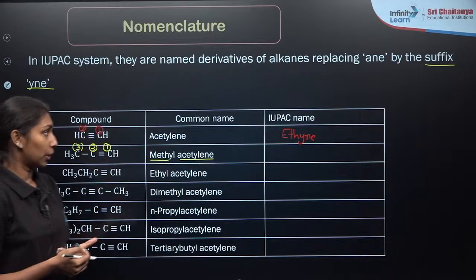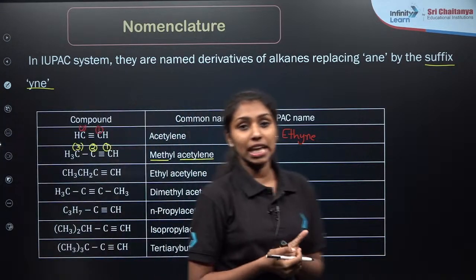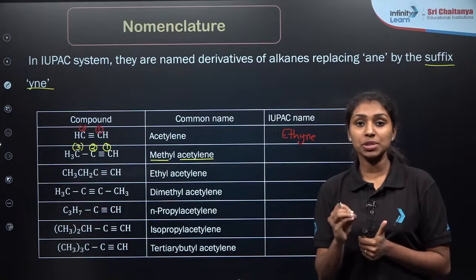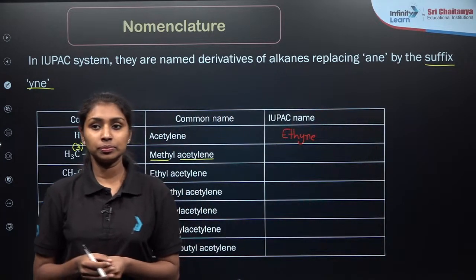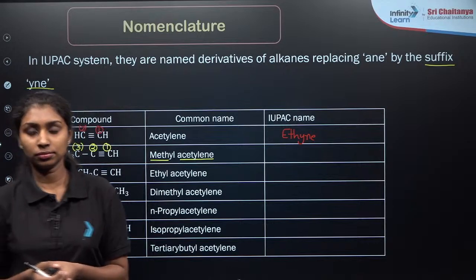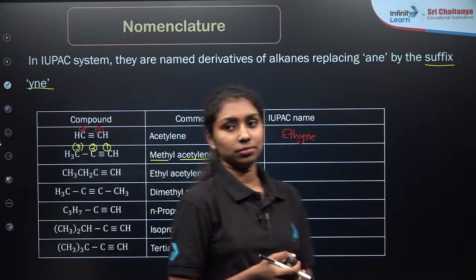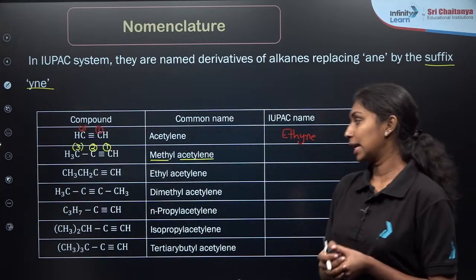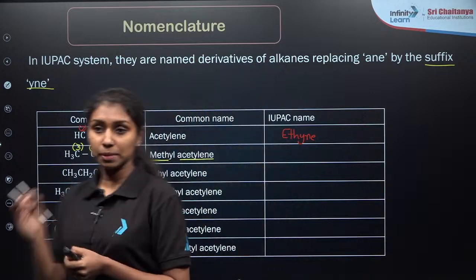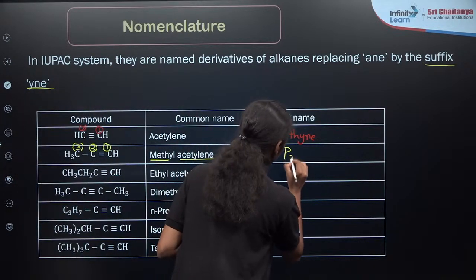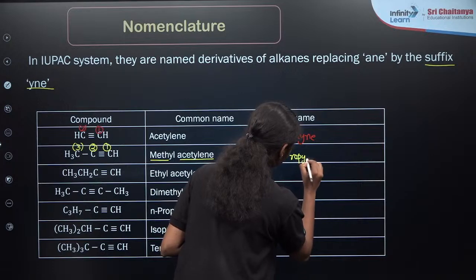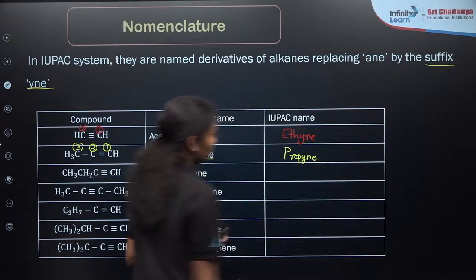Then what will be the IUPAC name according to the number of carbon atoms? Yes, prop, because 3 carbon atoms are present. So this compound is known as propyne.